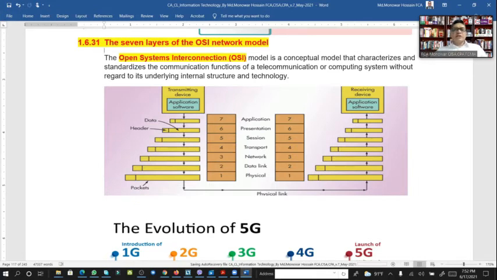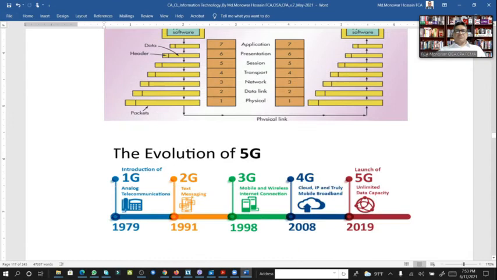Look here, 7 layers: first layer, physical; second, data link; third, network; fourth, transport; fifth, session; sixth, presentation; seventh, application. So this is the 7-layer Open System Interconnection model of networking.